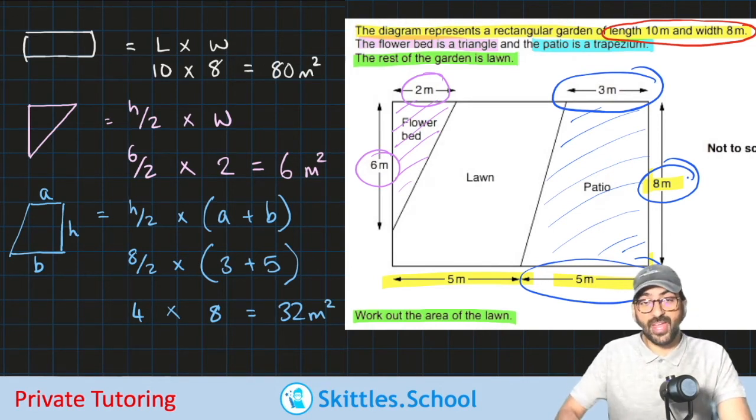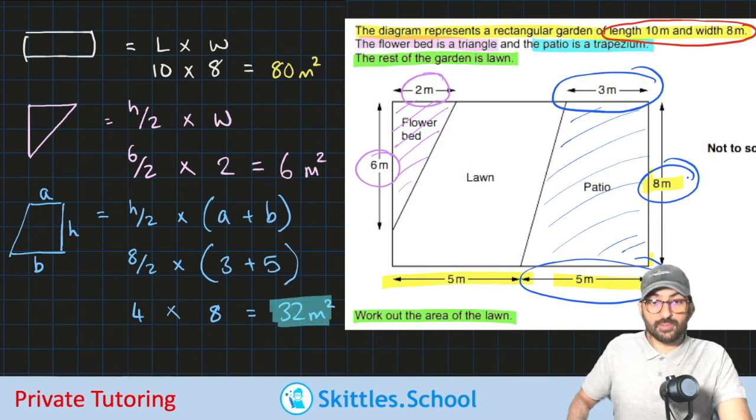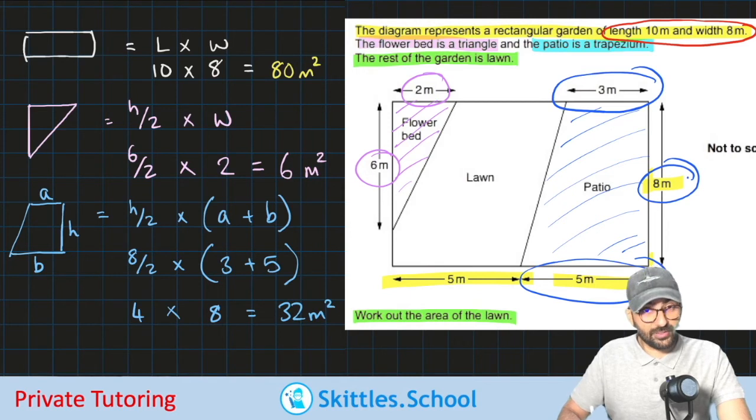Okay, so now we've got the area of all the shapes. We've got the area of the rectangular garden. We've got the area of the flower bed. And we've got the area of the patio. Now, what did we say earlier?